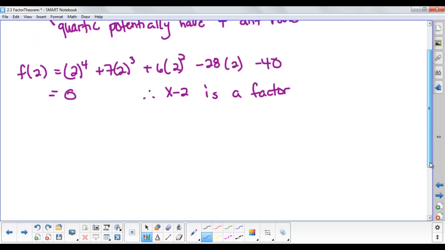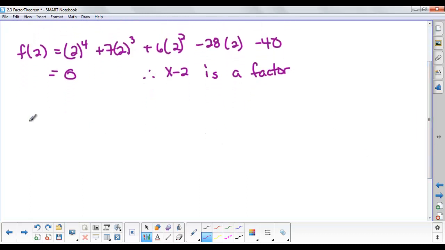So we'll go ahead and do the synthetic division with our root and the coefficients 1, 7, 6, negative 28, and negative 40.